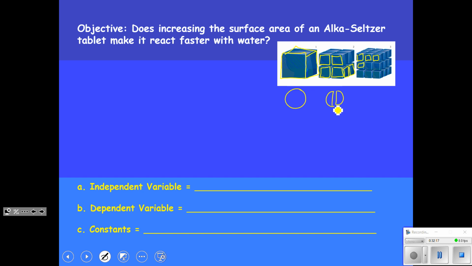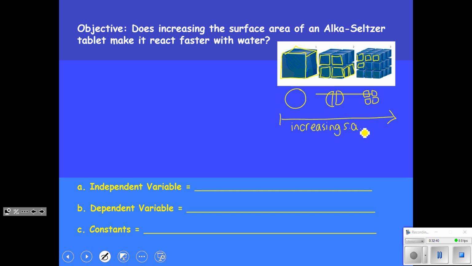And if you take that tablet and you break it into fourths, sorry for the line, you've got more molecules that are exposed to the outside environment. So from this point on, you are increasing the surface area.